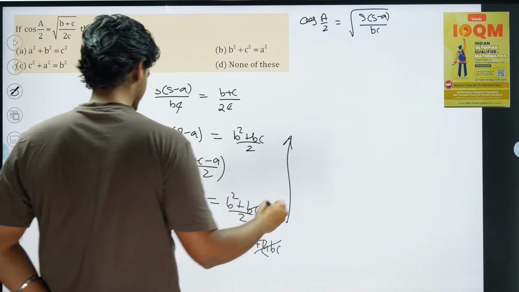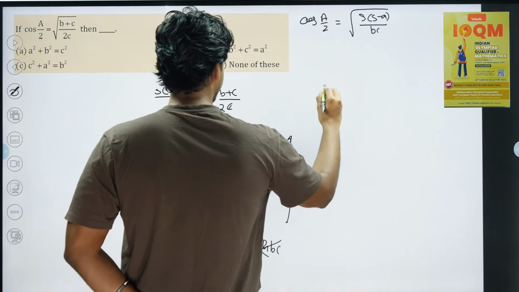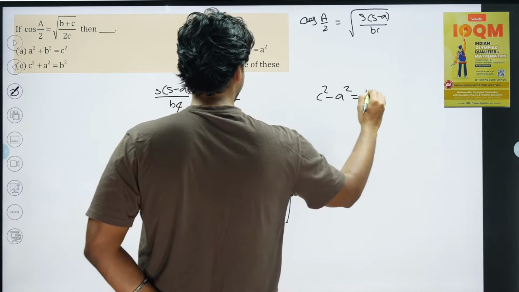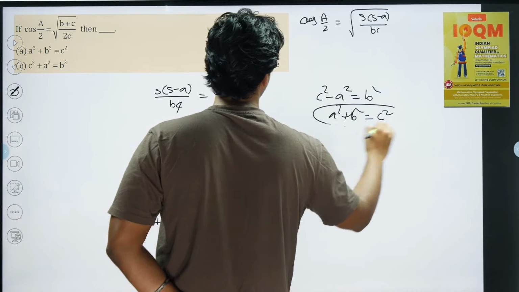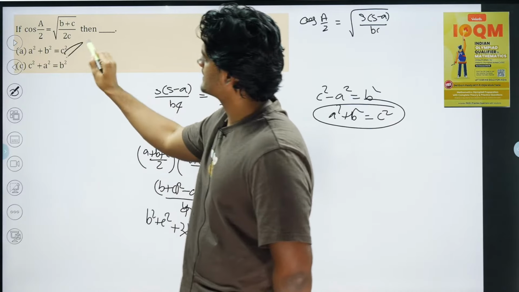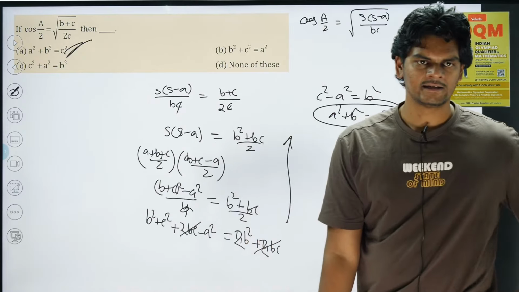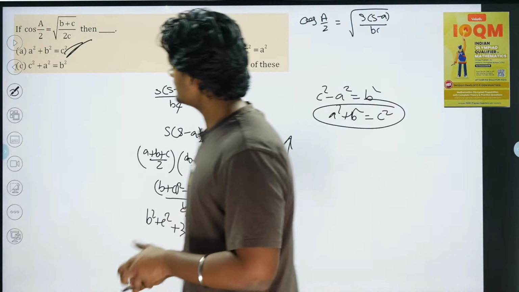Okay, so that is c square minus a square is equal to b square. Okay, so a square plus b square is equal to c square. Yeah, this thing. Option A. Right? Clear?